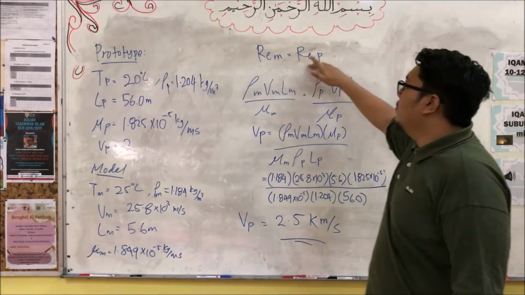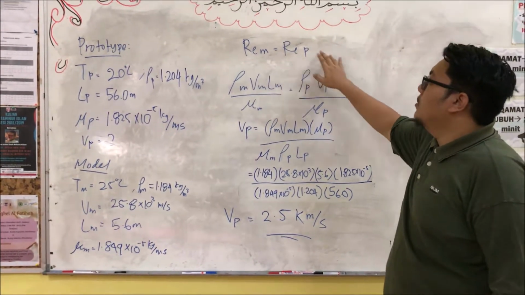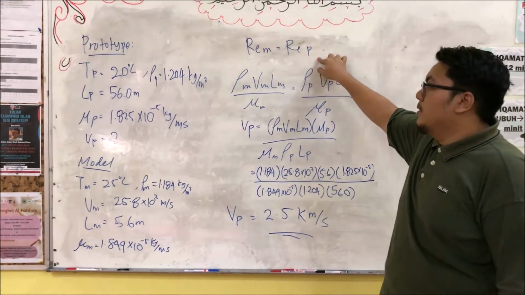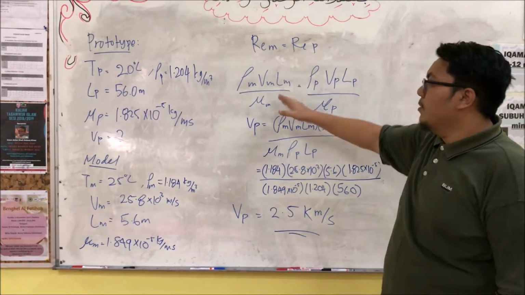So this is the equation. The Reynolds number of the model will be equal to the Reynolds number of the prototype. So the Reynolds number formula is rho VL over mu.